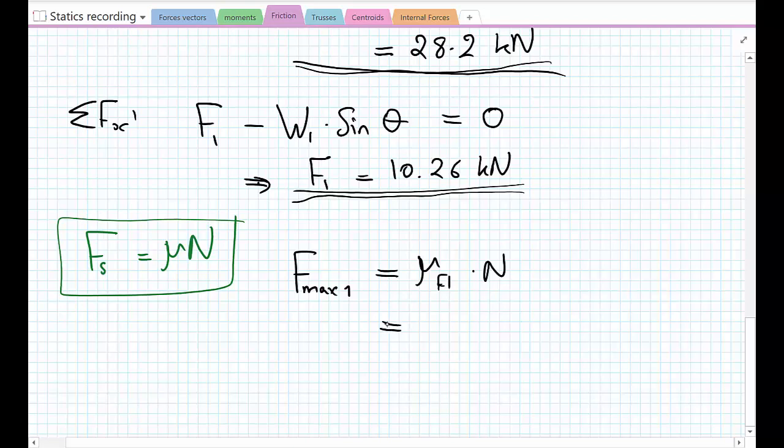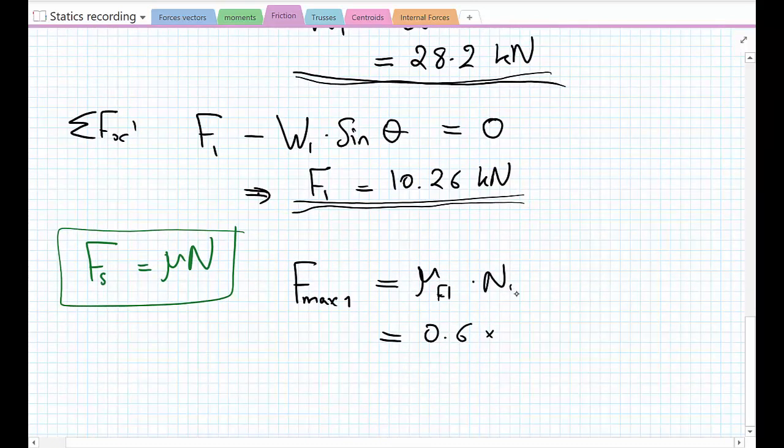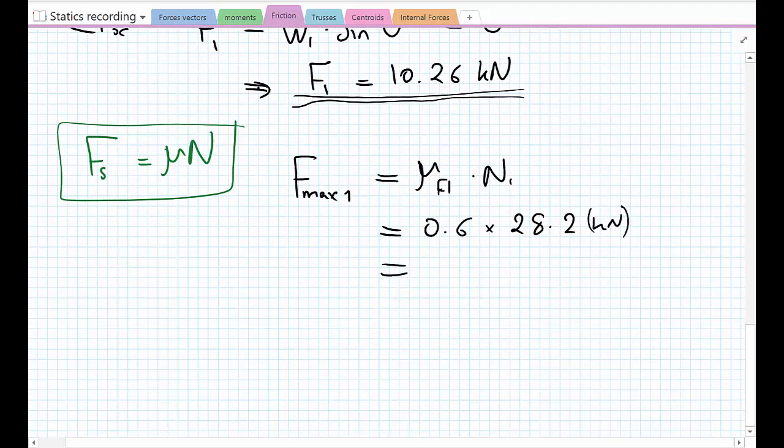So that was equal to the value given, 0.6, multiplied by the value N1 that we calculated, 28.2 kilonewtons, and calculating that value now, we get that F max 1 is 16.9 kilonewtons.